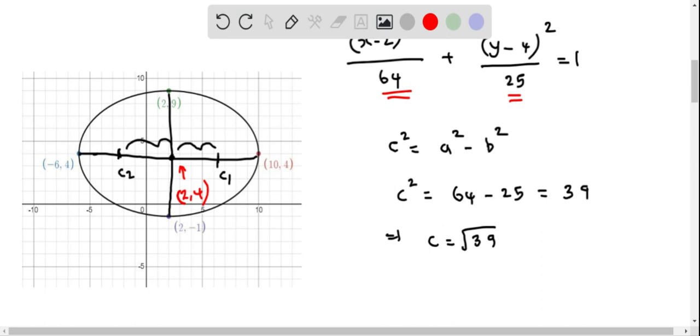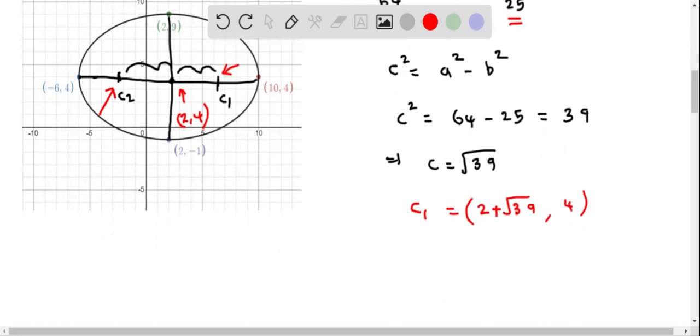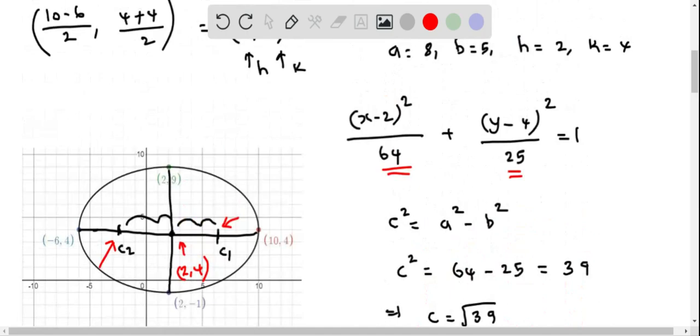So we can say that the coordinate of C1 is 2 plus root 39 comma 4. And similarly, the coordinate of this other focus is 2 minus root 39 comma 4. This is the other focus C2. So these are the coordinates of the foci, and this is the standard equation of the ellipse.